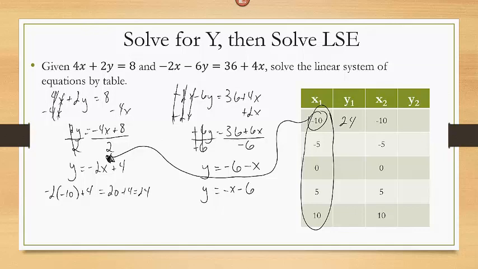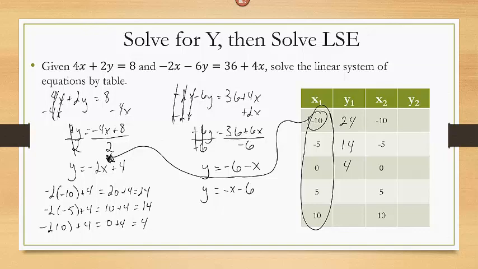Let's do negative 5. So negative 2 times negative 5 plus 4. Negative 2 times negative 5 is 10 plus 4, that's 14. And then now 0, so negative 2 times 0 plus 4, that equals 0 plus 4 equals 4.